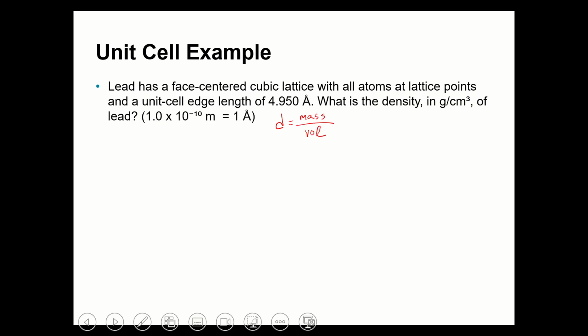Okay, and I'll go ahead and change my pen color. So when we're talking about the mass of a unit cell, we're typically talking about the number and type of atoms.